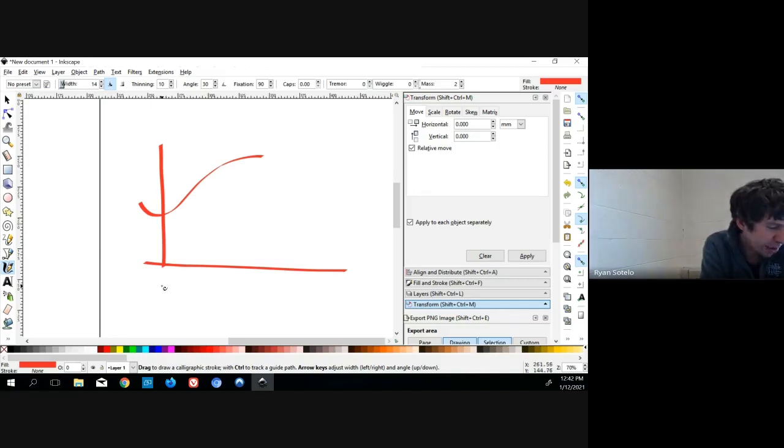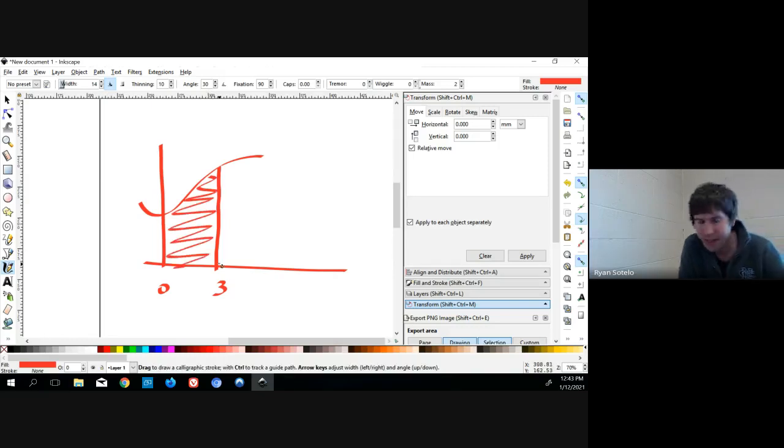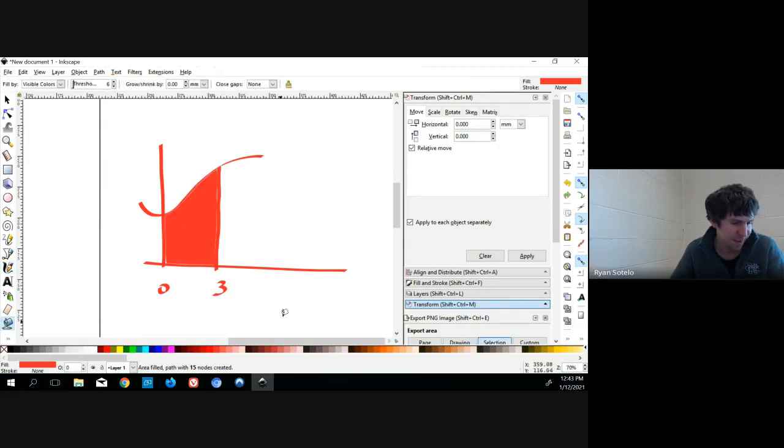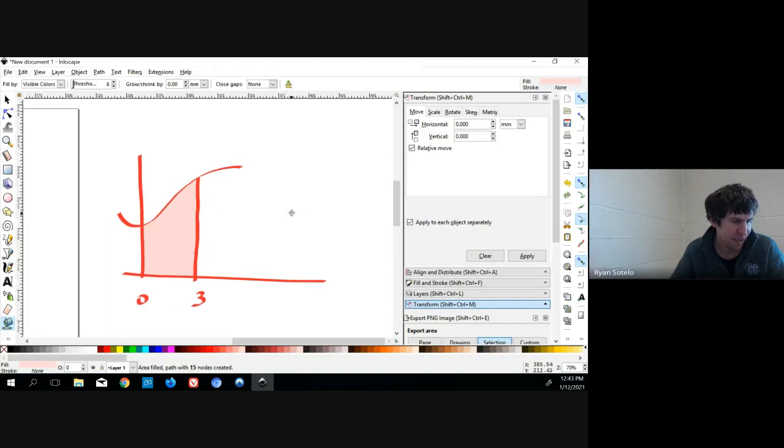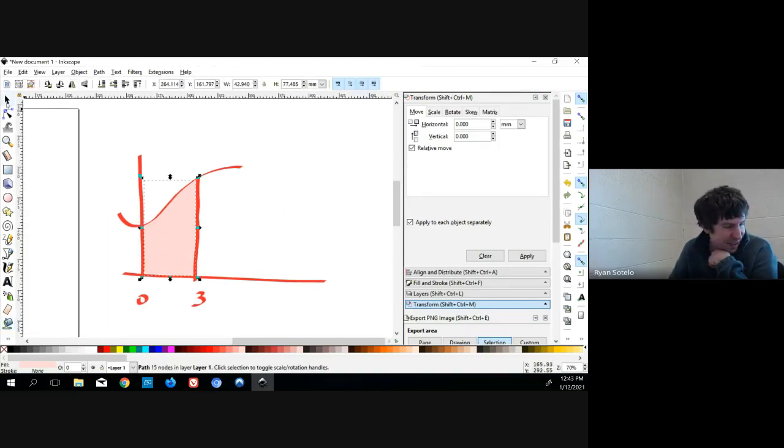And if I go from 0 to 3 as my limits of integration, it's this region that, with Inkscape, I can use the fill tool. Make it pink. So if I go in at 0 to 3, you can think of this as finding the area under the curve.